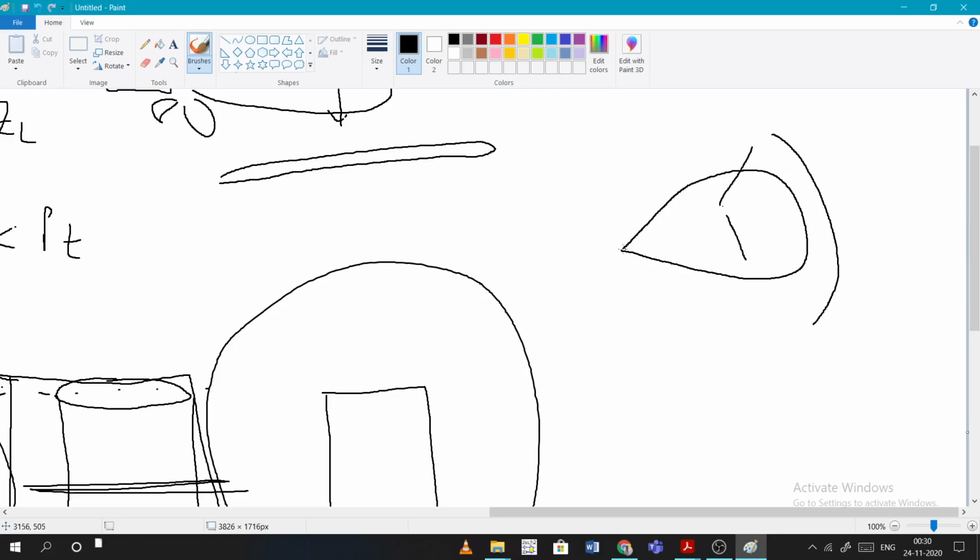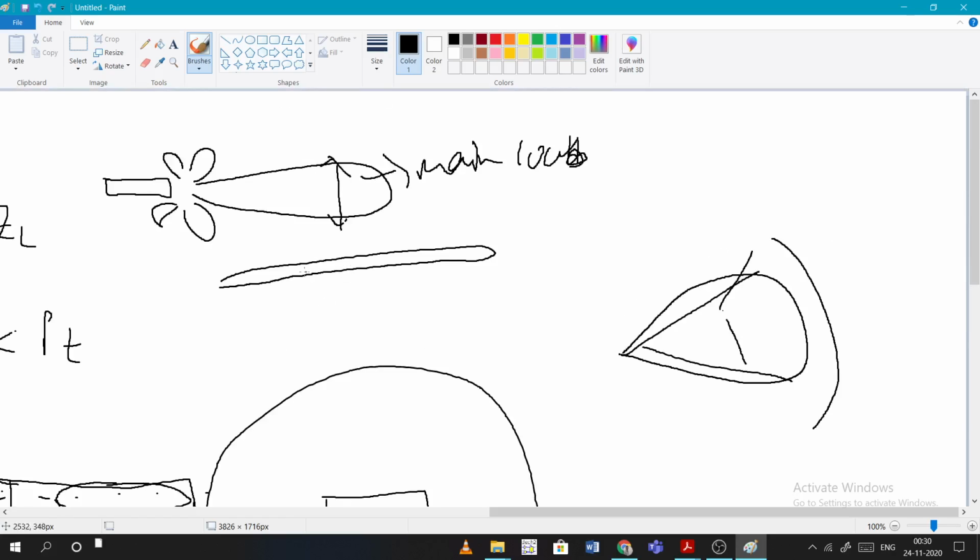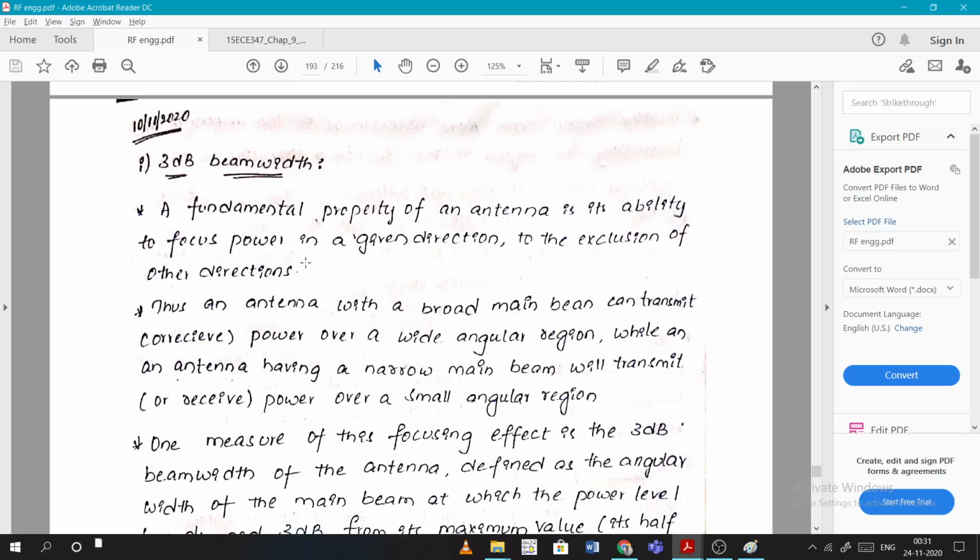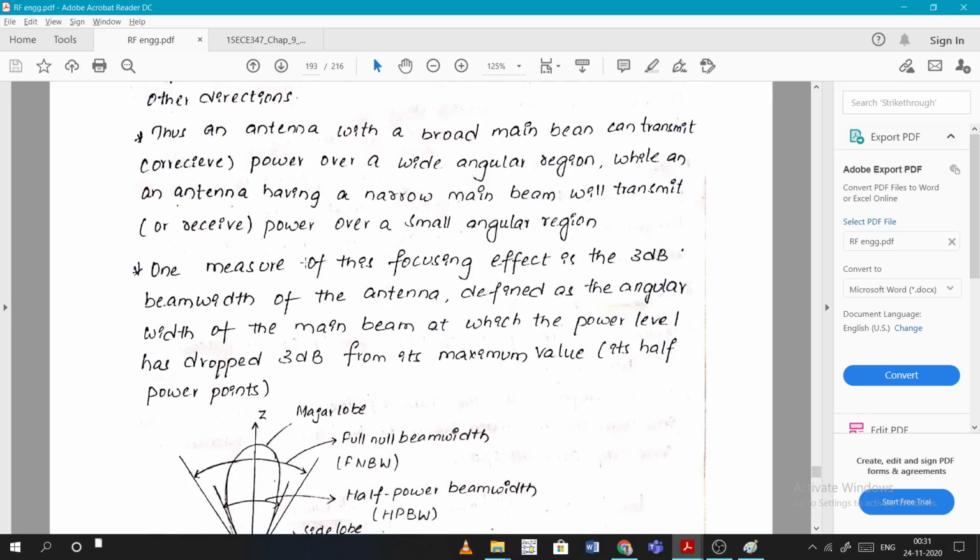The signal can be transmitted along this much width. But when it comes to narrow, it is only focusing on this small region. It can transmit in a particular focused direction only. The power of the signal will be transmitted there. So one measure of this focusing effect is the 3 dB.